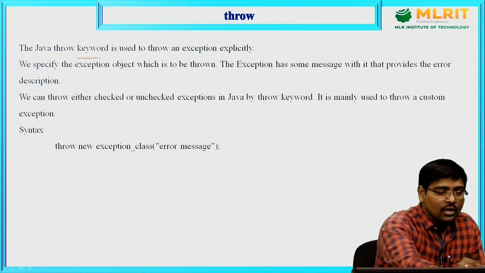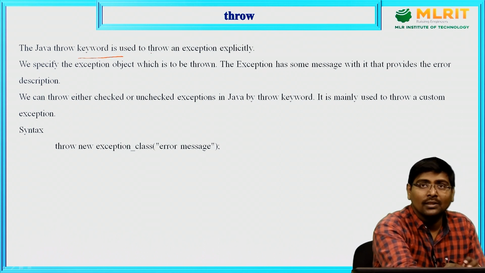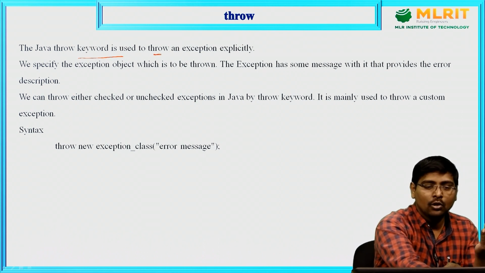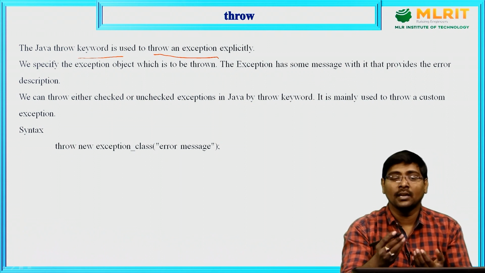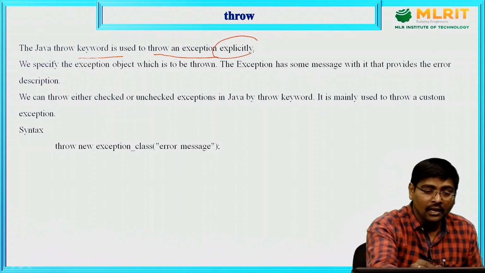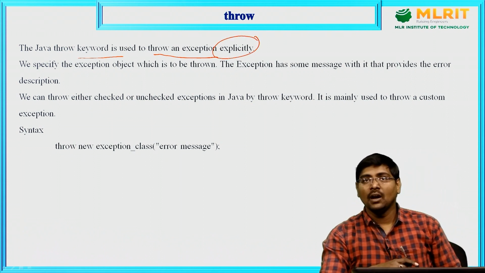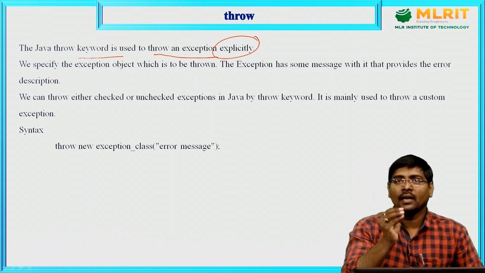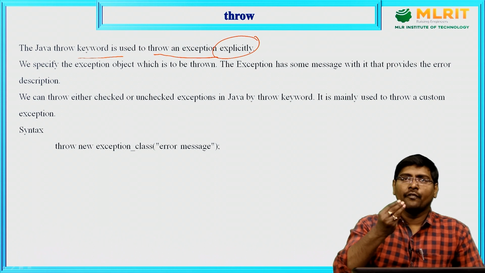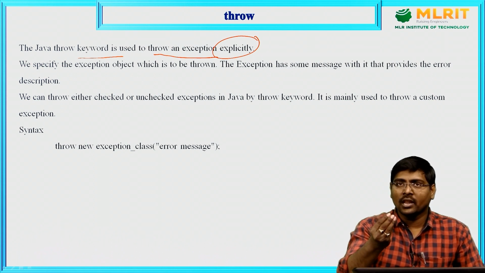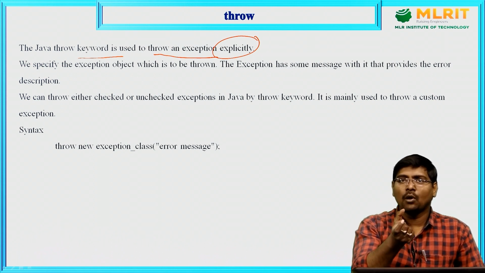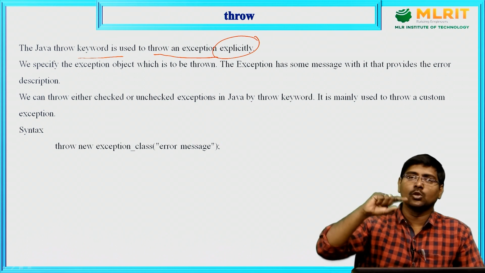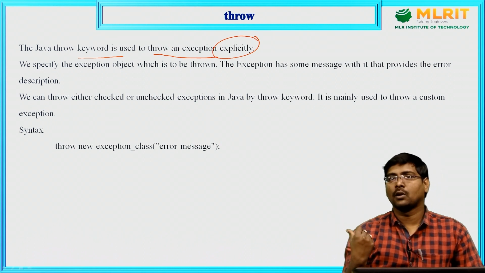The throw keyword, as the name specifies, is used to throw an exception explicitly. What is the meaning of explicitly? Observe the case of the try block. In the try block, whenever an exception is generated, that corresponding exception object is thrown automatically to the corresponding catch block.